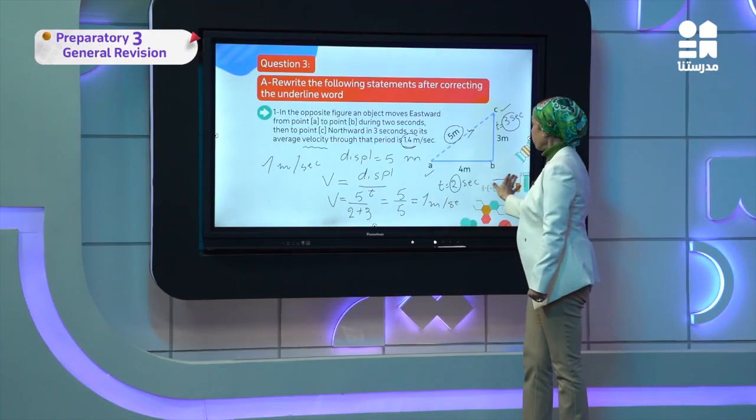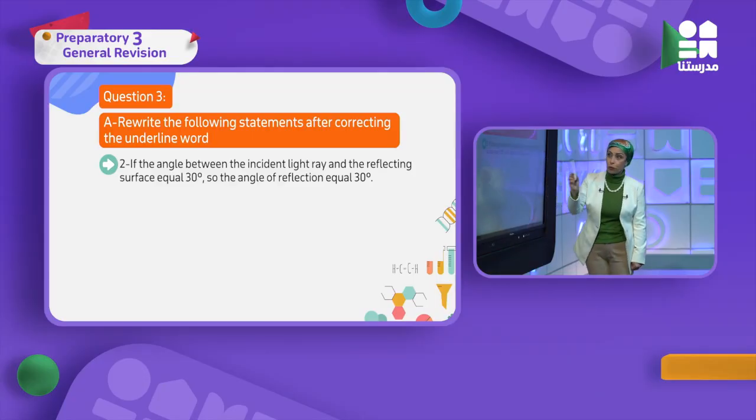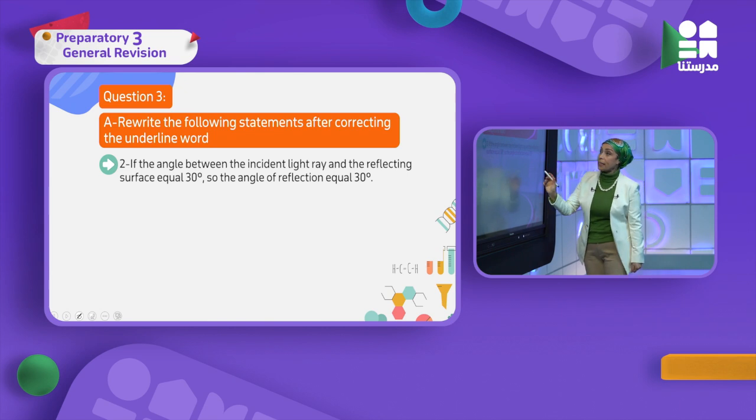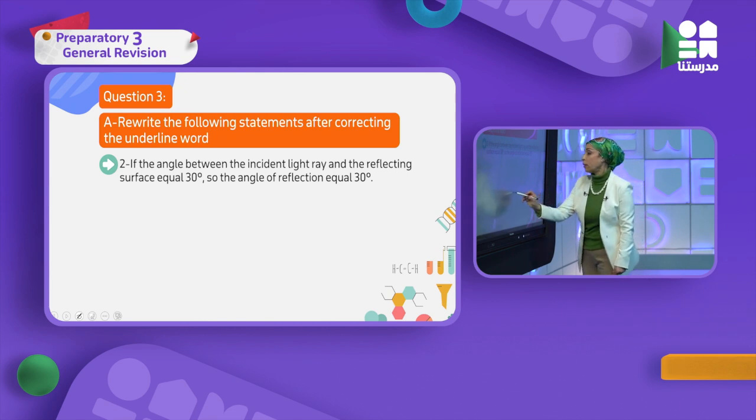Okay, next one. If the angle between the incident light ray and the reflecting surface... here I have to draw it first and then I'm going to answer. It says, if the angle between the incident light ray, so here I have the mirror and here the incident light ray, and I have to put the normal line.